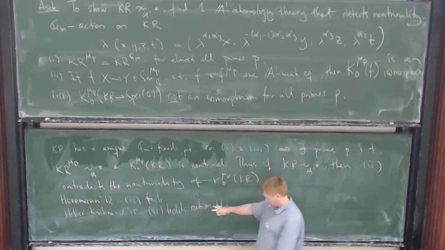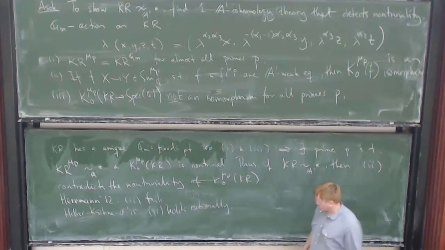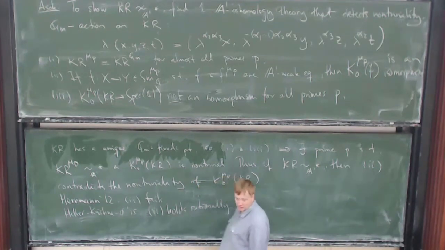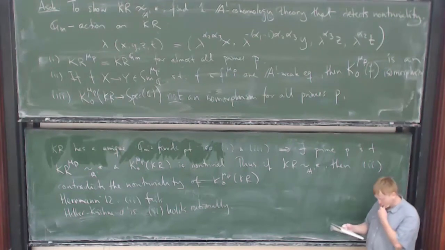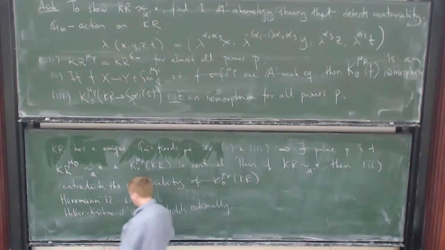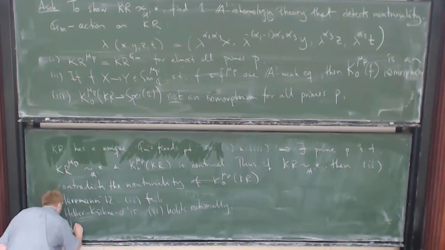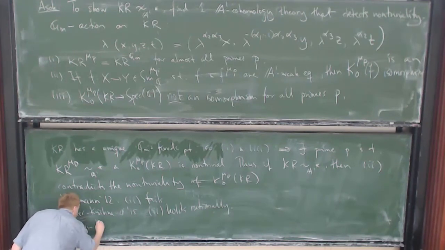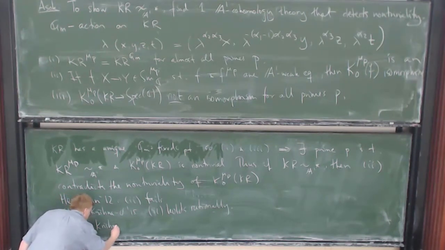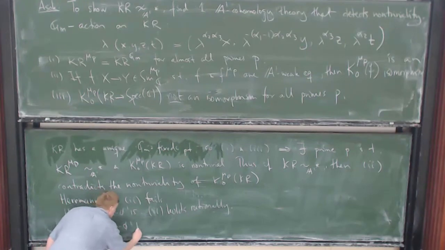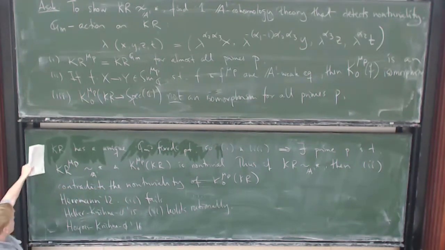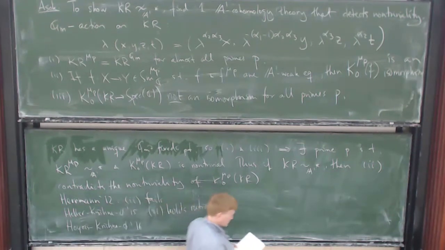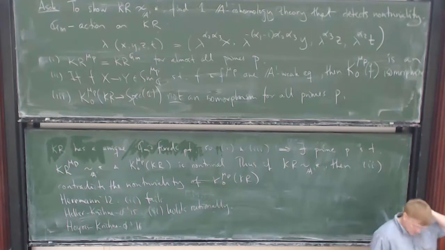Because point 2 holds rationally, there's still a chance that the program can go through. But then Oiva, Krishna, and me in 16 showed that part 3 is not true. So it's really the negation of part 3 that holds.